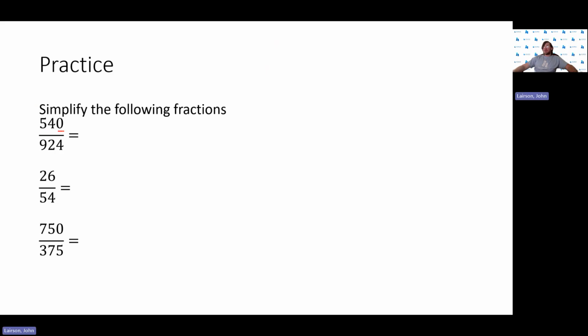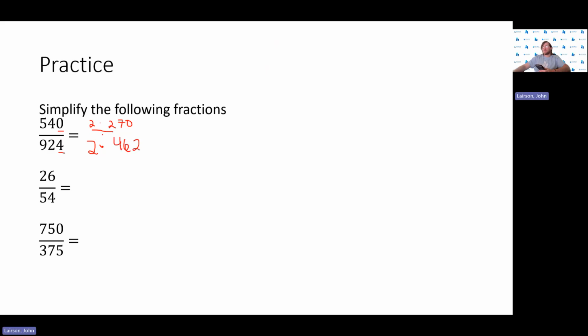So I can see that these are both even numbers. So my divisibility rule tells me that it's 2 times something. What is 540 divided by 2? 270. And 924 divided by 2, 462.